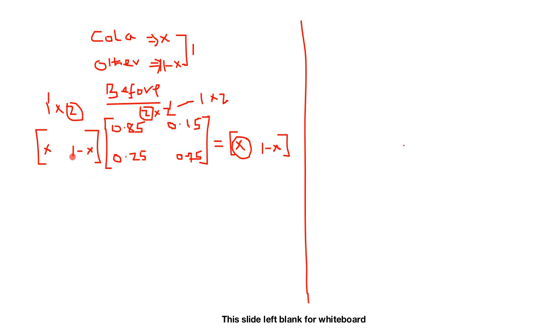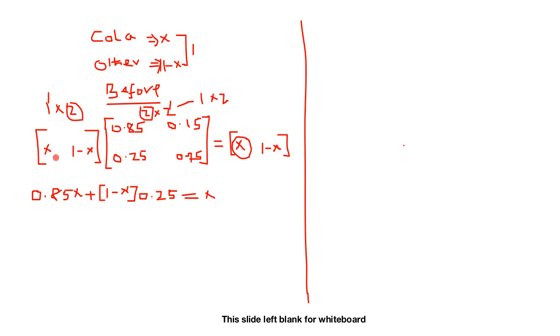To expand this, we'll multiply x by 0.85 first, so that will be 0.85x, and then plus 1 minus x times 0.25, and all these should be equal to x.